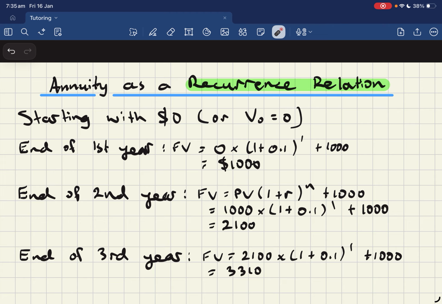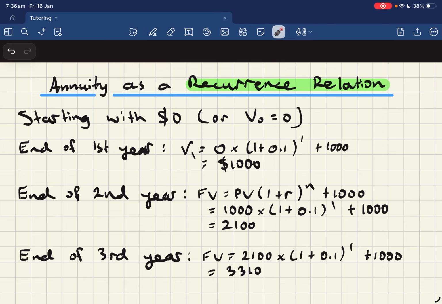When the first year happens, your future value, instead of FV, let's call this V1. So we're going to say that this is the value at the end of 1 year. We have our value at the start, value at 0 years multiplied by 1 plus our rate, from our future value formula, and then we added the 1,000 at the end.